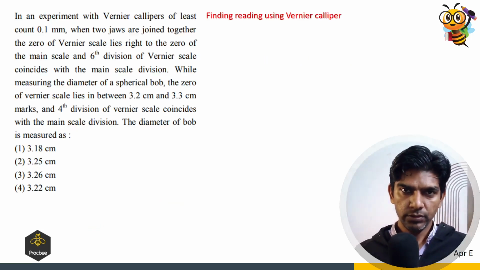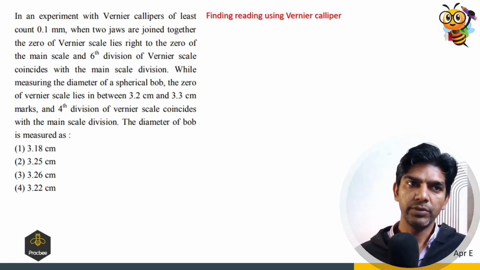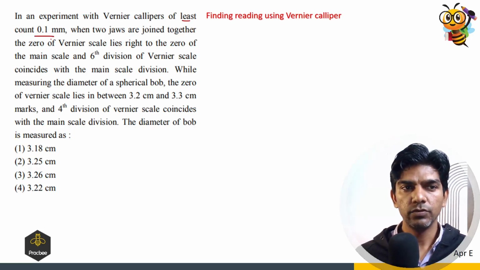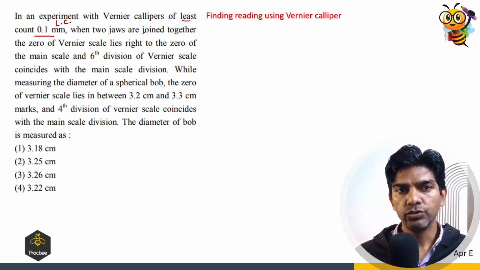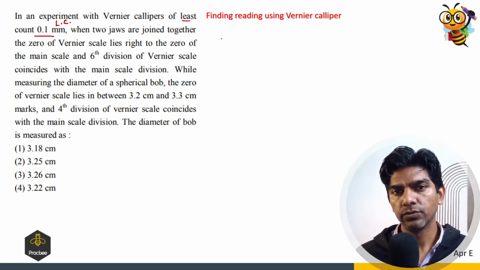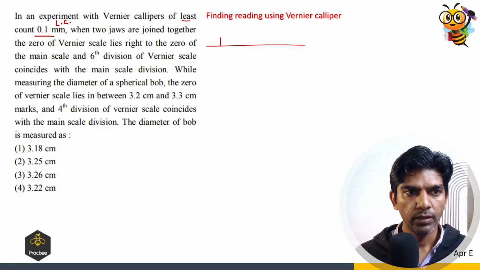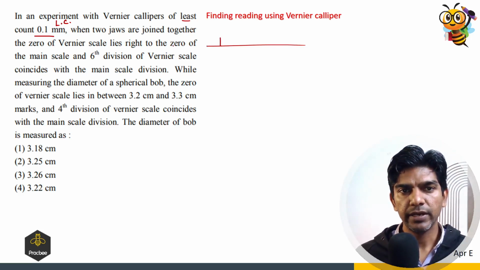Now let us see this question based on the same problem type. In an experiment with Vernier calipers of least count 0.1 millimeter, so least count is given. When two jaws are joined together, the zero of the Vernier scale lies to the right of the zero of the main scale.